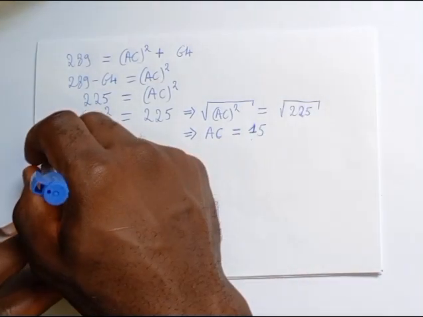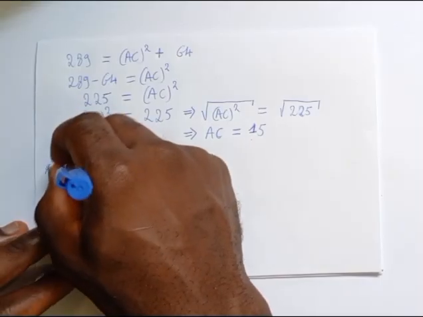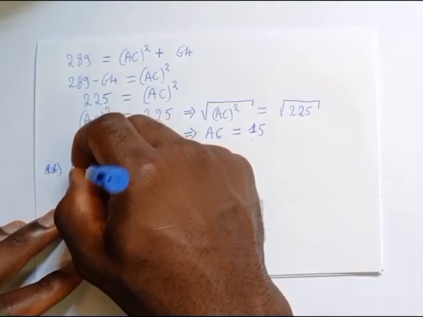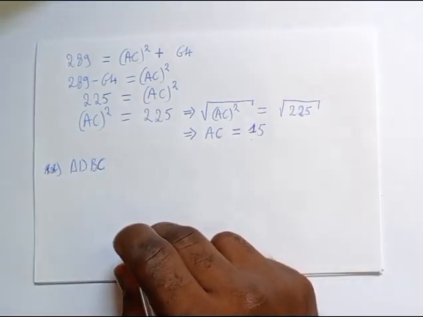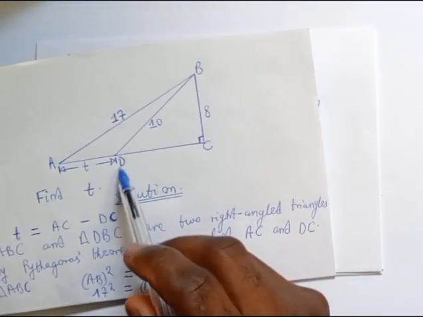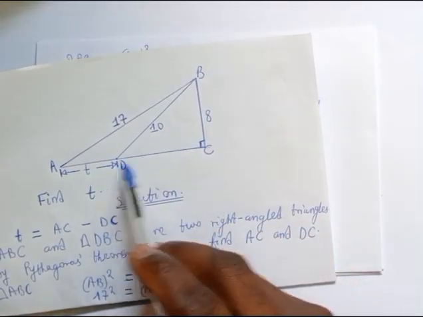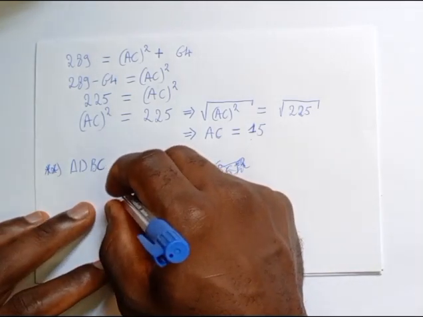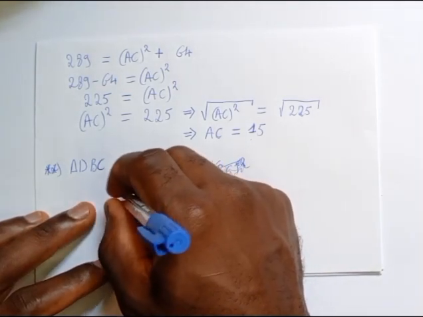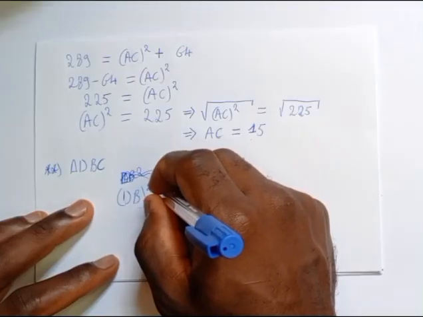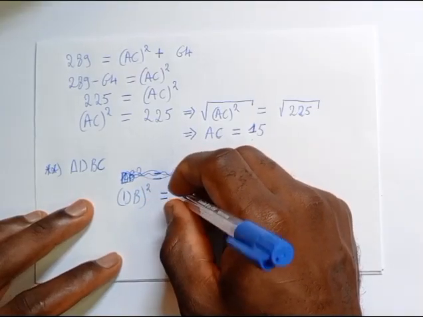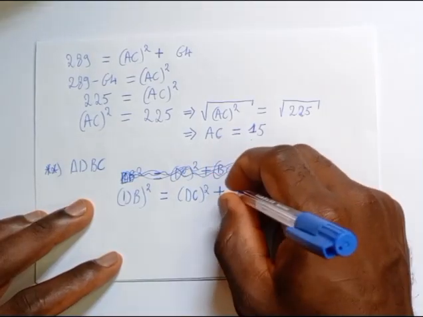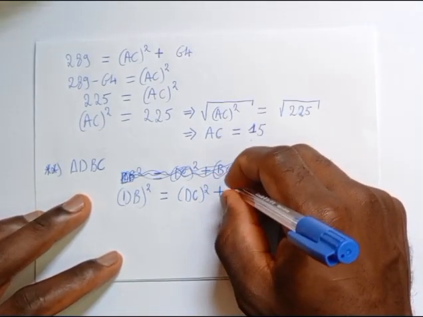Next, by making use of triangle DBC, we can find DC. This is triangle DBC. We have to find DC. Applying Pythagoras Theorem, this will give us DB squared, which is the hypotenuse, equal to DC squared plus CB squared.